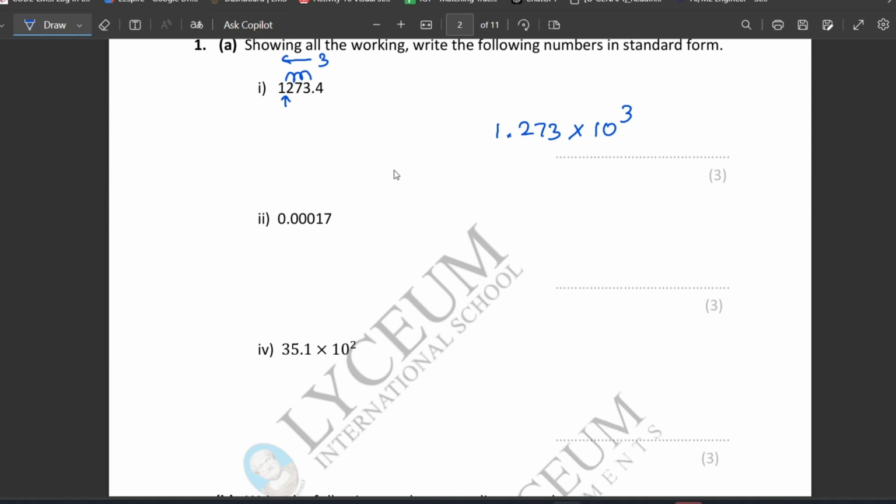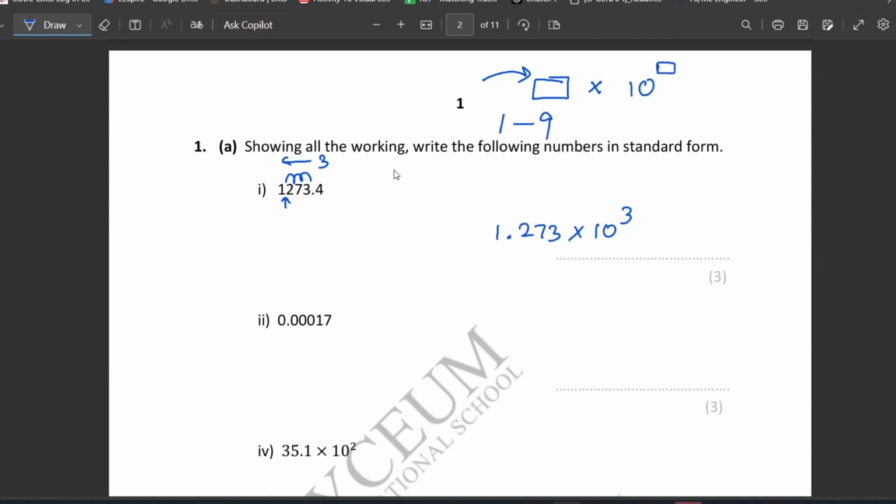And in this example similarly we have to find the first part. It should come in between 1 and 9. So 1, 2, 3, 4. So first part is 1.7 times 10 to the power.